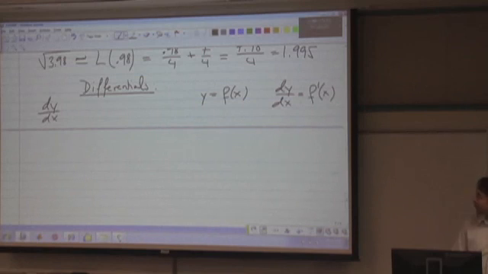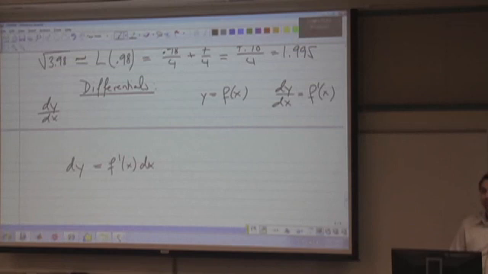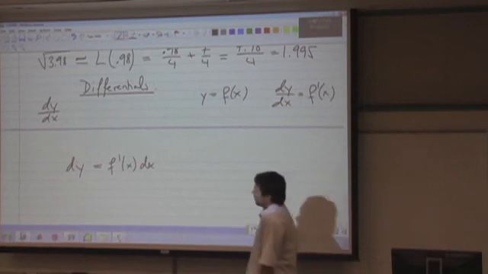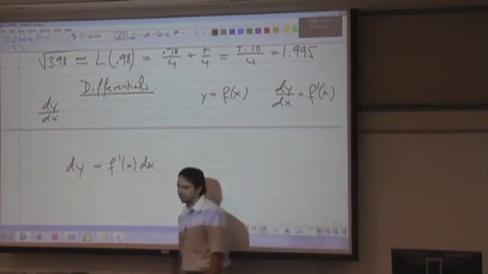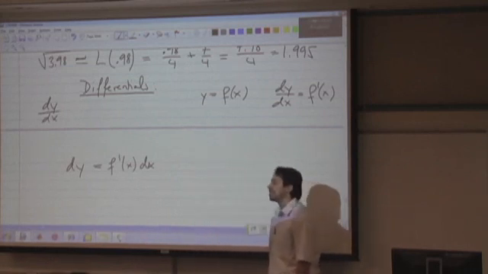And I spent a lot of time talking about the fact that dy over dx is just a symbol denoting the derivative, right? Well, not anymore. The differential says that dy is equal to f prime of x dx. Which basically says take the derivative and just write a dx next to it. Okay?